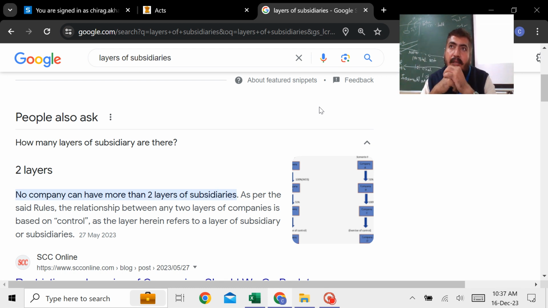So what are we talking about? Let's say I am a company and I have these many subsidiaries. According to the law, is it valid or not? A Limited, B Limited, C Limited, D Limited. I have 100 subsidiaries under me in a horizontal line. Is it a violation of the law? So you mean to say the limit is there, but only for the vertical. That's what you are trying to say.